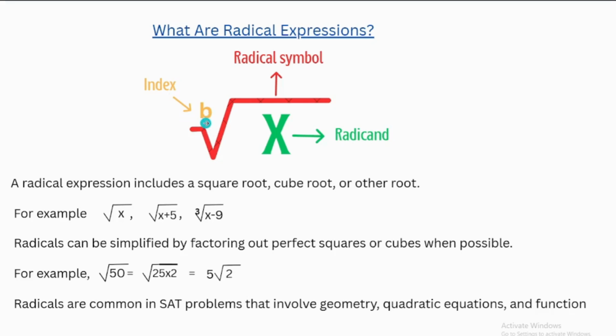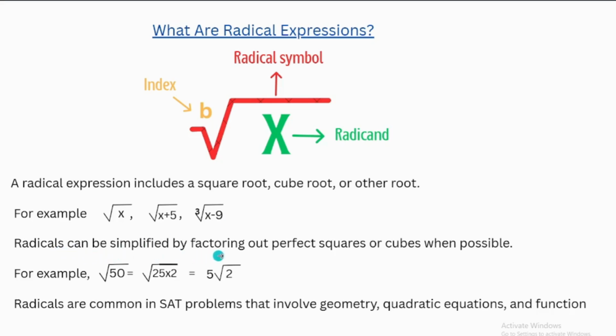It can be second or third or any number. For example, a radical expression includes square roots, cube roots, or any other roots. When we don't find an index here, that indicates that the root is a square root. This is also a square root of x plus 5. This is a cube root of x minus 9.